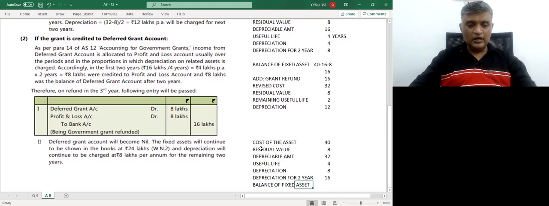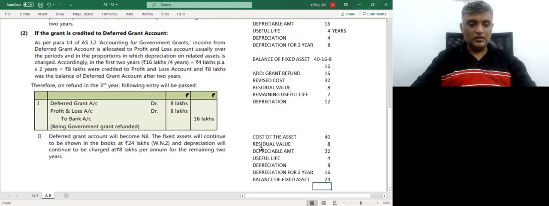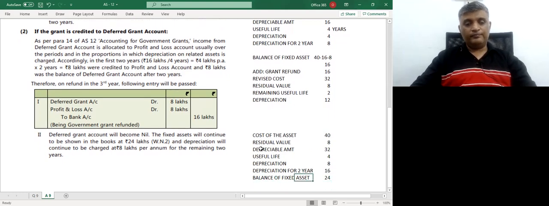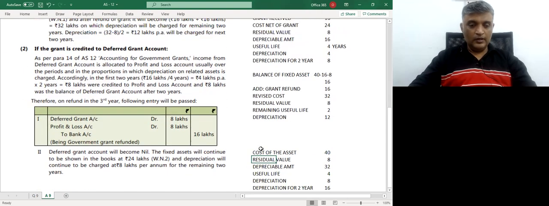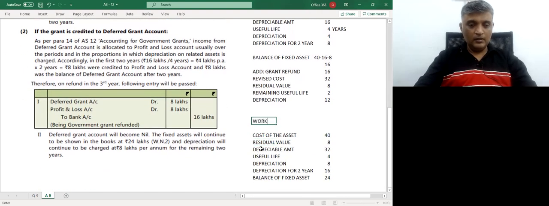There's no change. It will continue to be shown at 40 minus 16, which is 24 lakhs. Okay. So you can take this as working note number 1, and now you can take this part as working note number 2.